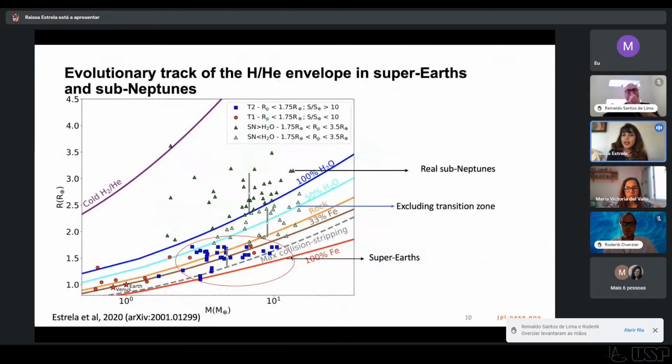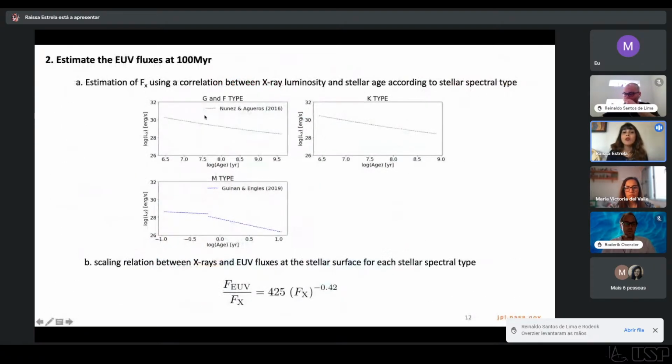They are around the same age that we are, or a bit lower, like a gigayear, but we want to estimate how the X-rays and the UV flux were in the past. So we need to use these X-ray stellar age relationships to get the UV flux around a hundred million years, when atmospheric stripping is more likely to happen because the star is expected to be more active, with higher UV flux.